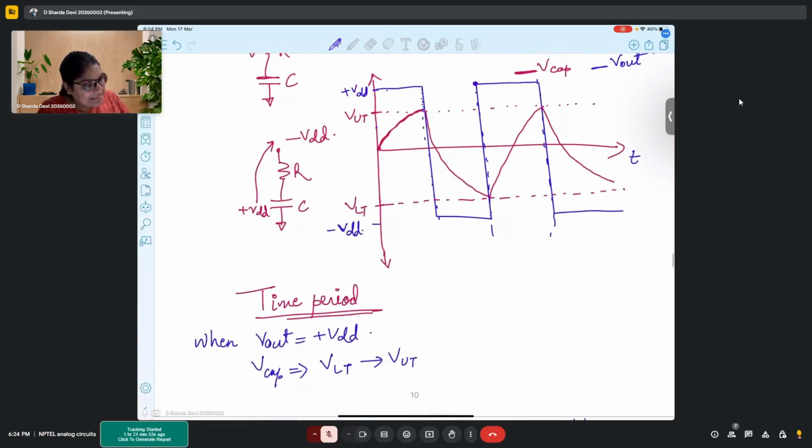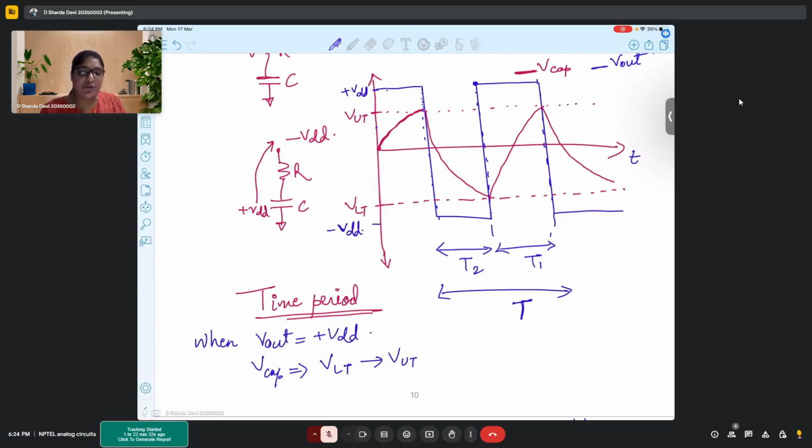And we are saying that the time when the capacitor potential changes from VLT to VUT, let's call this T1. And the condition when the capacitor potential starts from VUT and decays down to VLT, I'm calling this period T2. The total time period T is T1 plus T2. So we are trying to mathematically analyze how much is T1 and how much is T2.